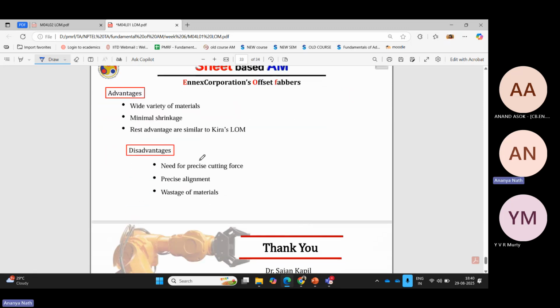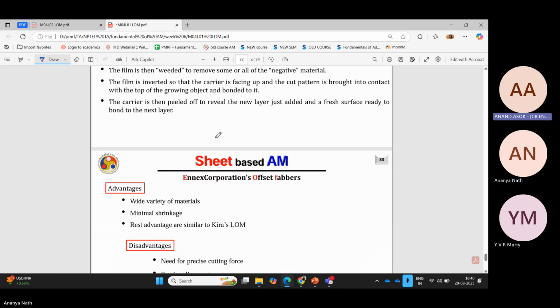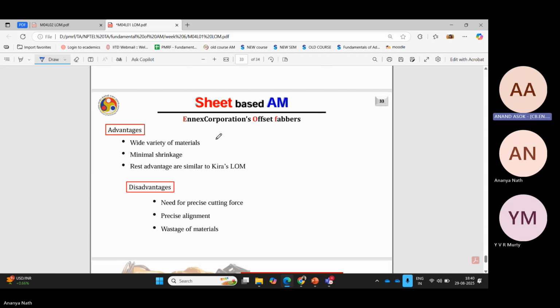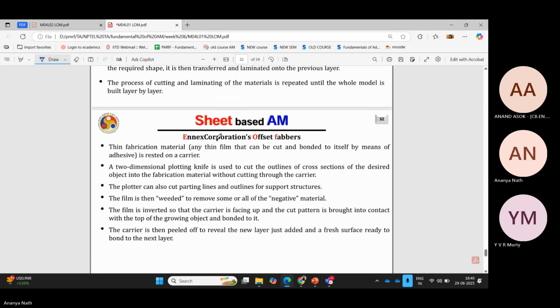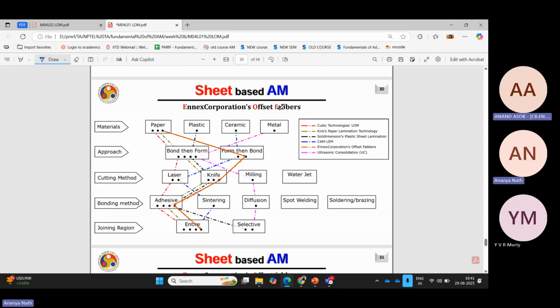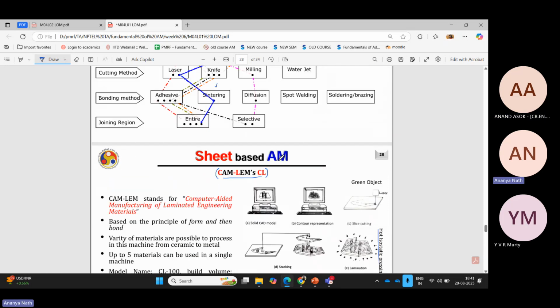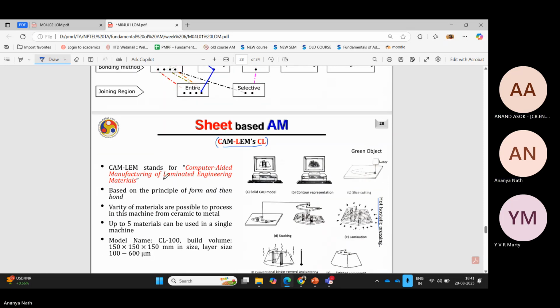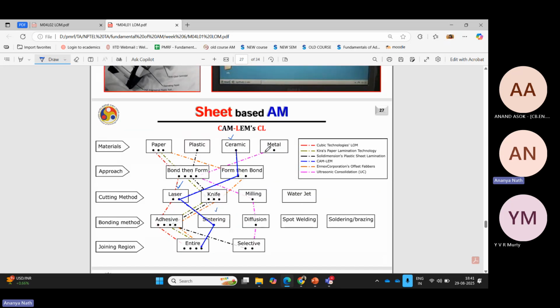Here comes the advantage and disadvantage. It's more likely, yes. In the last method, does CL have any full form? I don't think so. CL has a full form.